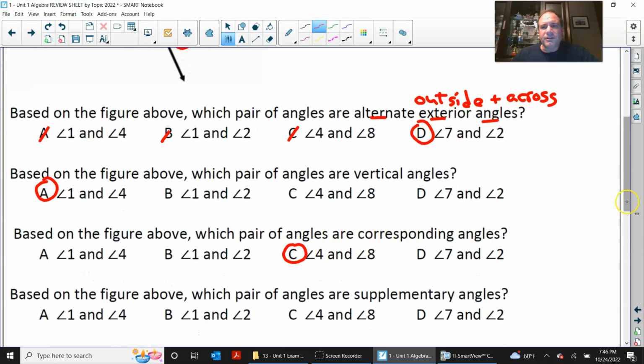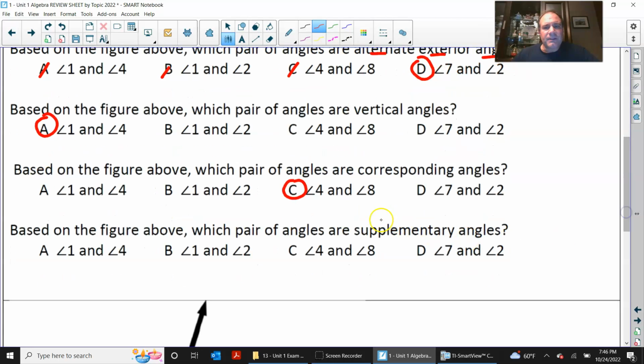One more: supplementary angles, remember. Corresponding means same location, and vertical angles meet in the middle. Remember, vertical angles are congruent.